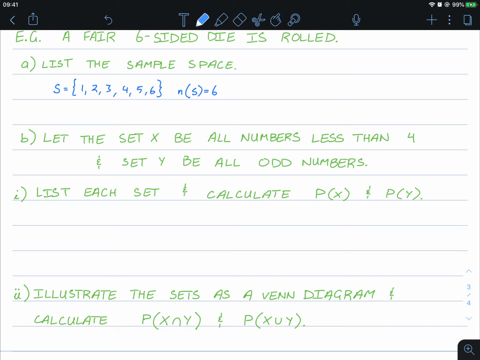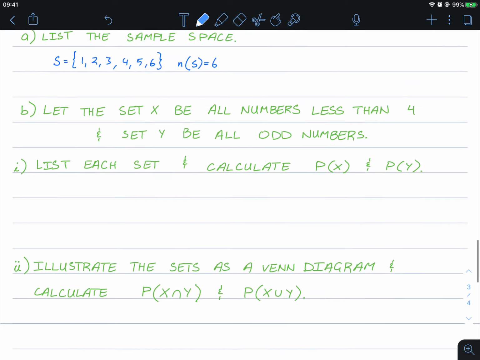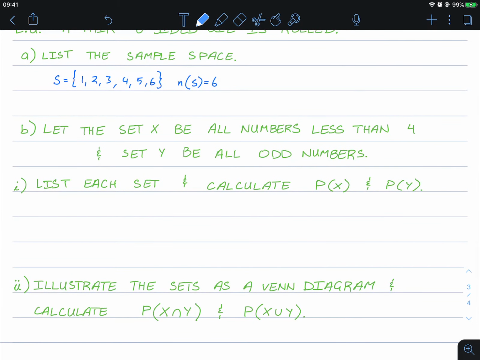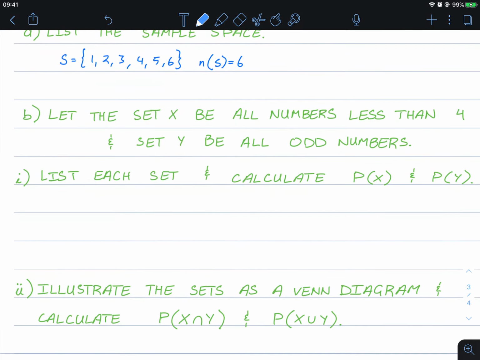Let the set X be all numbers less than 4, and let set Y be all odd numbers. Let's list each set, and let's calculate the probability of X and the probability of event Y.